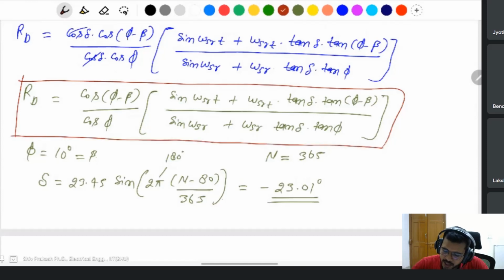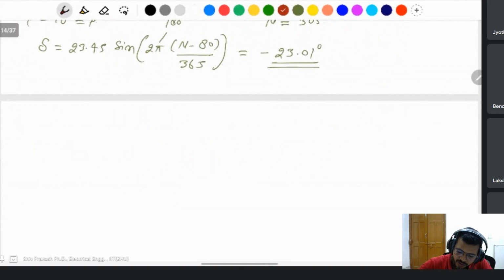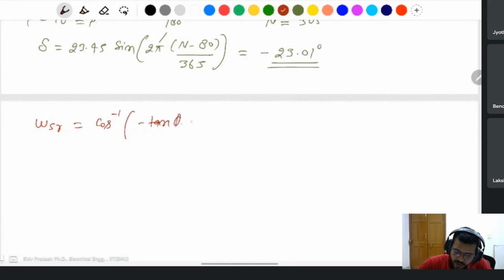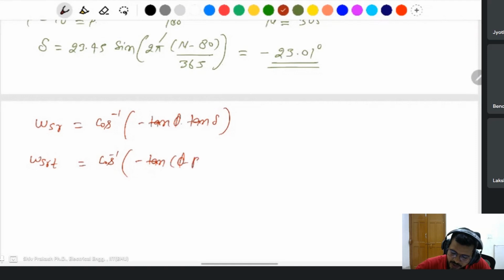And for omega SRT, it is equal to cos inverse of minus tan phi minus beta into tan delta.